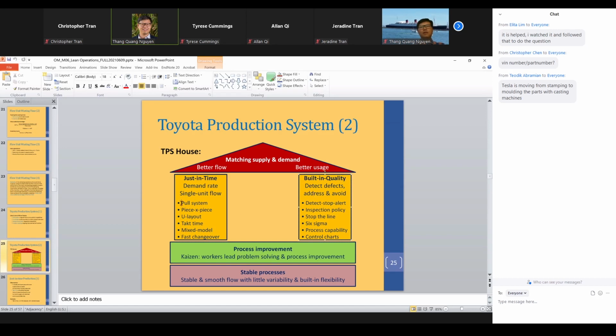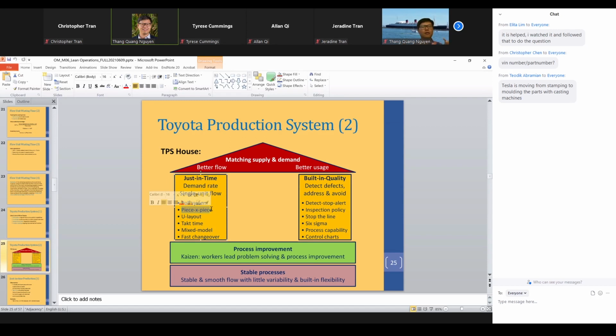And here are some of the details. To do just in time, at Toyota, they'll do more of the pull system. I'll talk about that. They'll do piece by piece or single unit flow, right? In other words, we talk about car by car here, right? If you do multiple cars at the same time, then in a sense, you do batching, right?